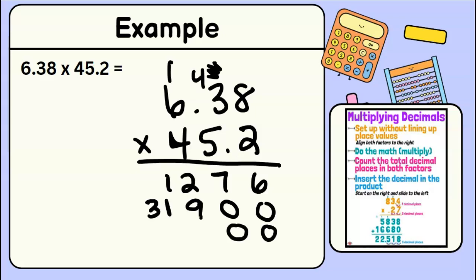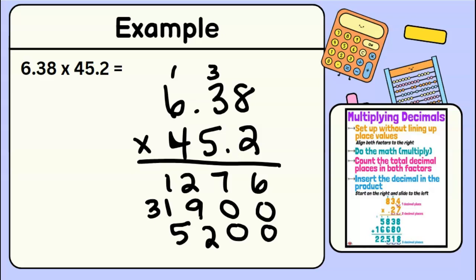Lastly, I will multiply that 4 out. I know that 4 times 8 is 32. Carry my 3. 4 times 3 is 12. Plus 3 is 15. And then I know 6 times 4 is 24.